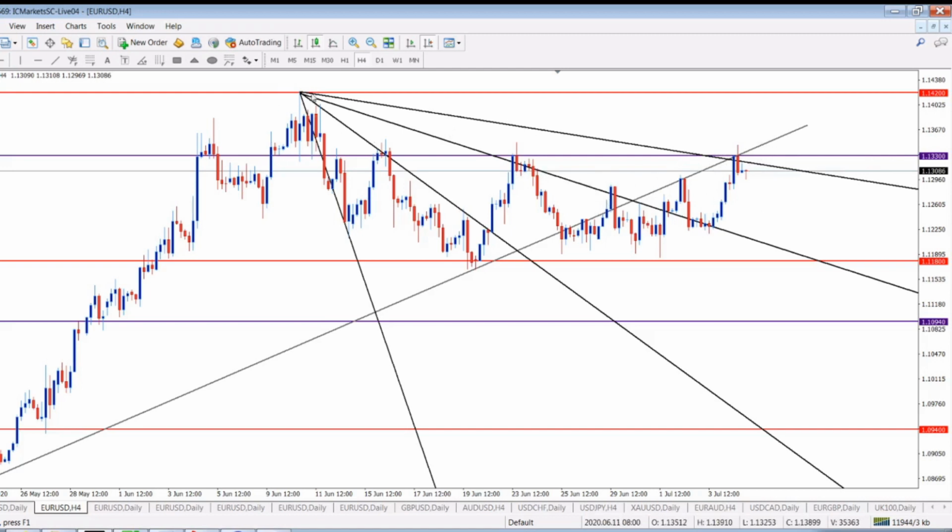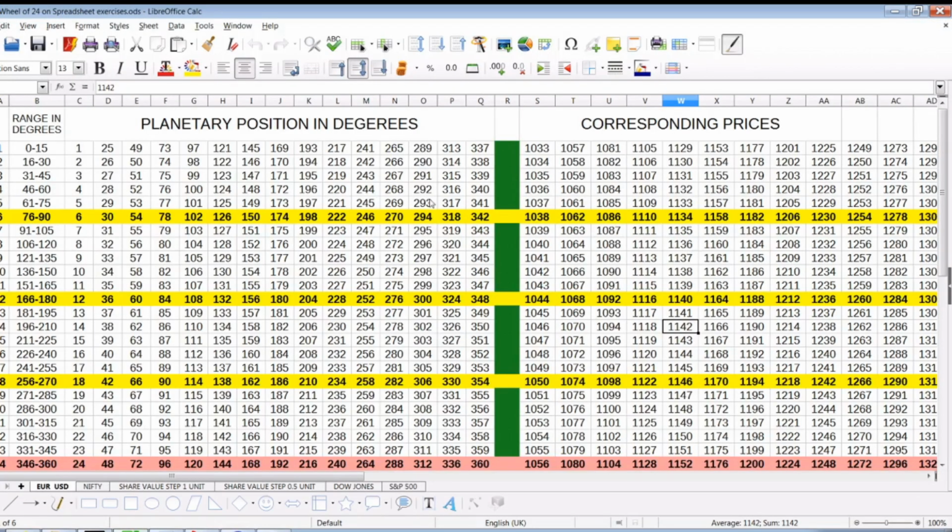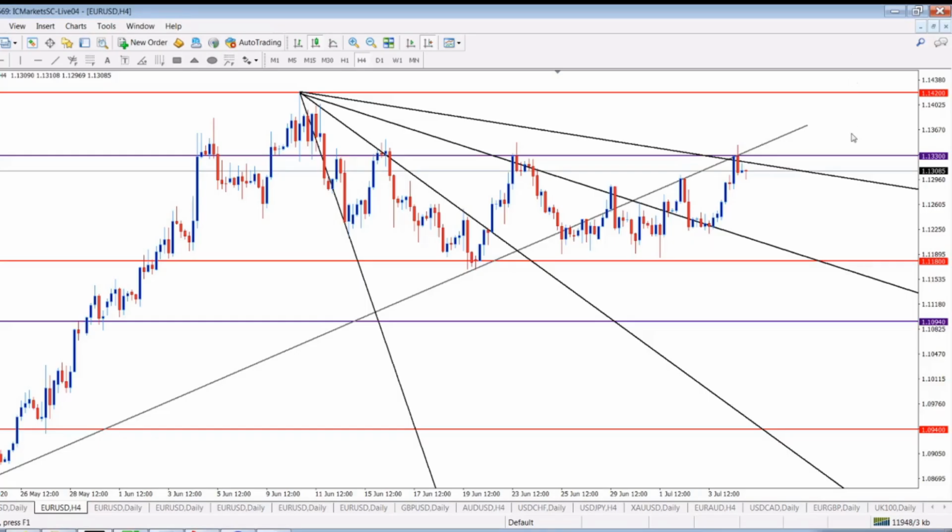We got a part of the Gann angle, we've got the trend line, and we've got the resistance from the Jupiter-Pluto conjunction from this table, over here, 1330. The market couldn't go through. Now we'll see how the market will behave.